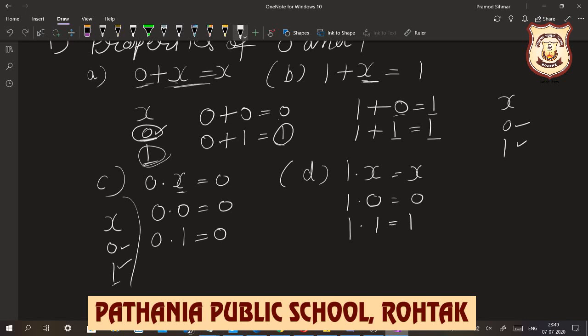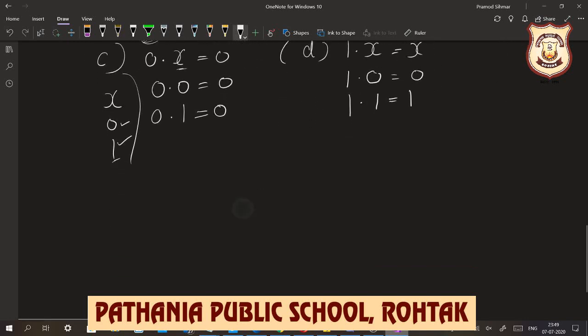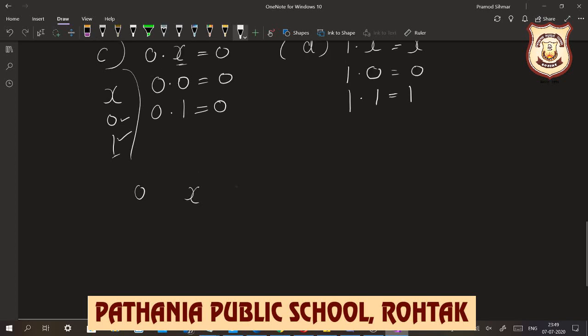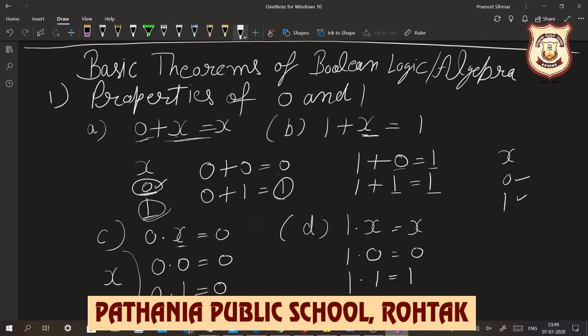So how to write down the truth table of these four? You can just write down 0 and x. Why 0 and x? Because in this postulate, we take 0 plus x is equal to x.